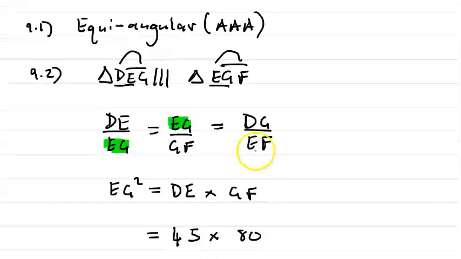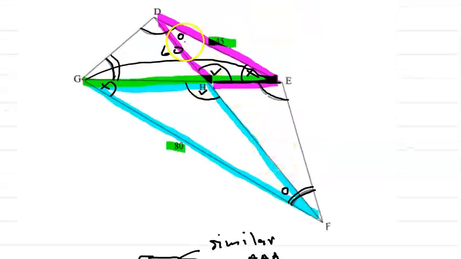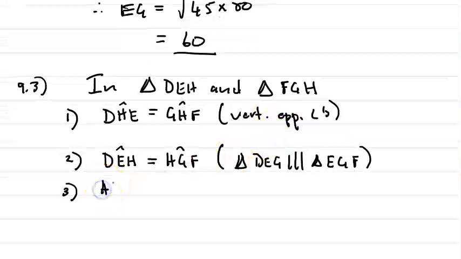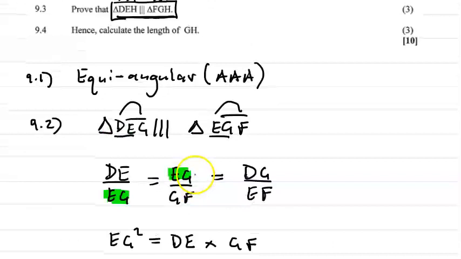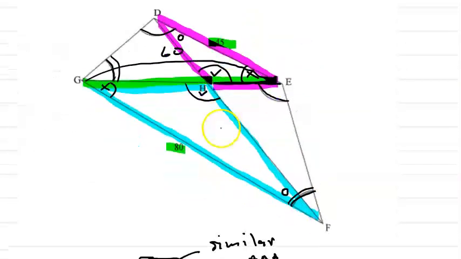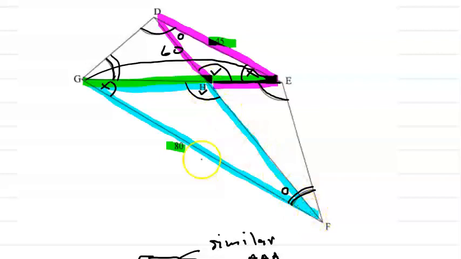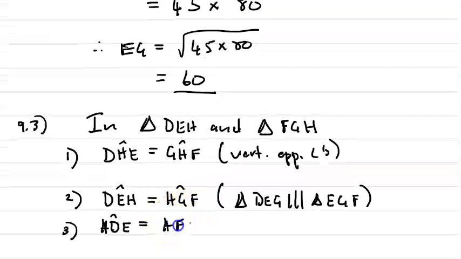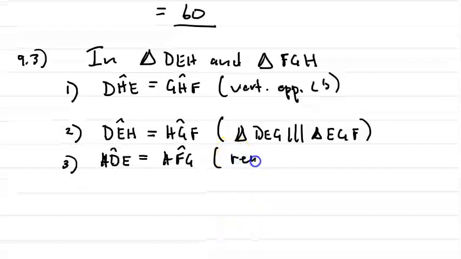Third statement here will be, remember the circle and the circle, so we're going to say HDE is going to equal HFG, and our reason there will be remaining angles.